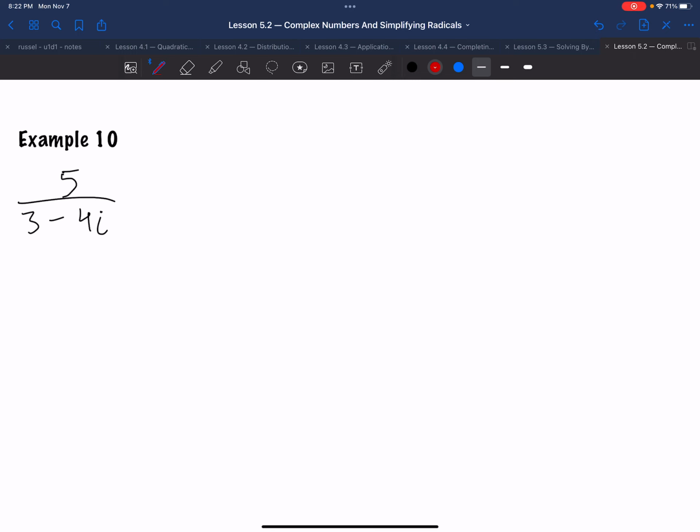So here's what I'm going to do. I am going to identify the conjugate of 3 minus 4i, which is 3 plus 4i.